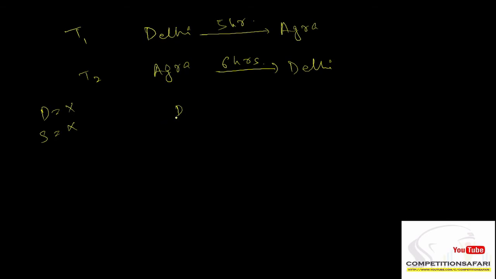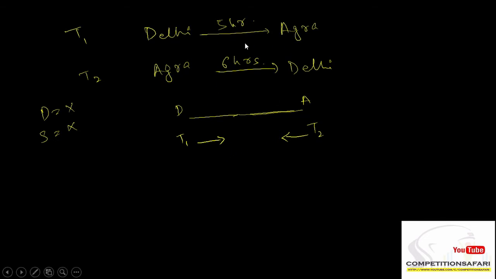So we have Delhi and Agra, and then we have train 1 and train 2. Train 2 is moving from Agra to Delhi, so it's moving in this direction, and train 1 is moving from Delhi towards Agra, so it will be in this direction.